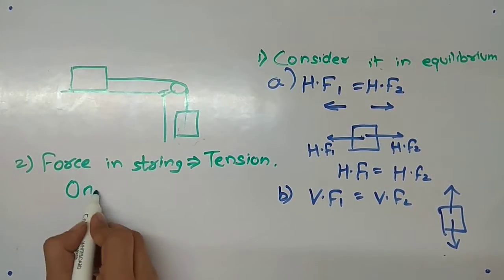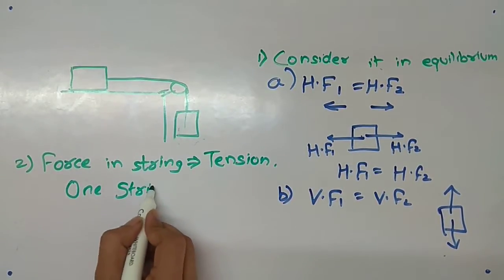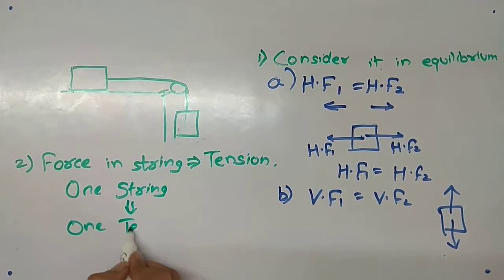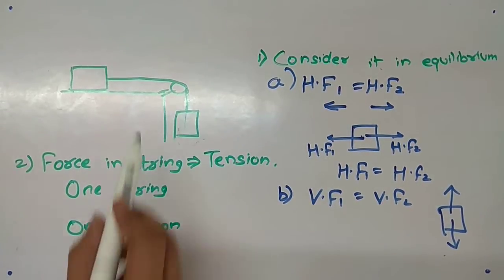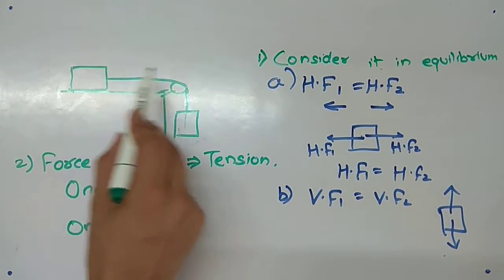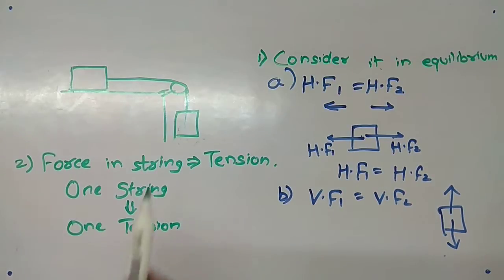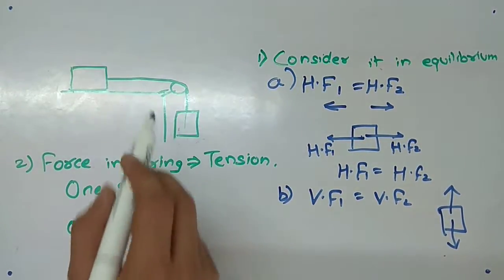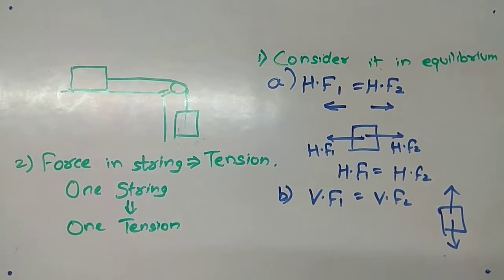One string, one tension. So this is the next concept. If there is one string, then only one tension can act on it. That is, the tension acting here and the tension acting at this part both should be equal. Okay. So these two are the major concepts which you should know.